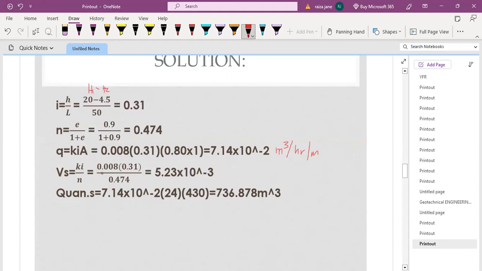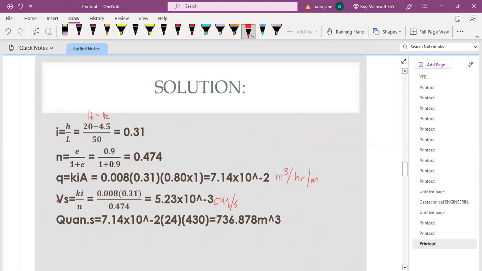We have the K will be 0.008 times 0.31 over 0.474 is equal to 5.23 times 10 raised to negative 3 centimeter per second. Kasi nakaano yun. Next.